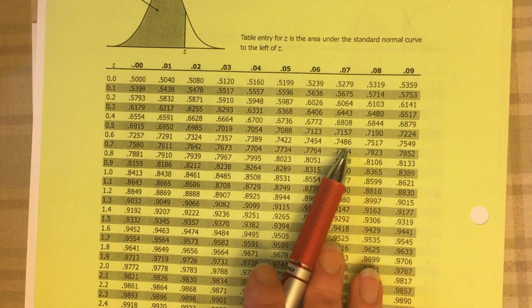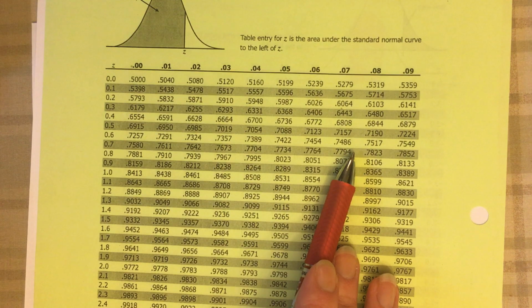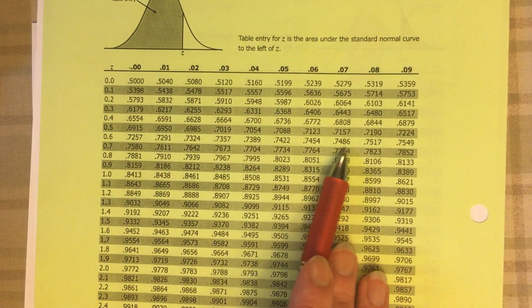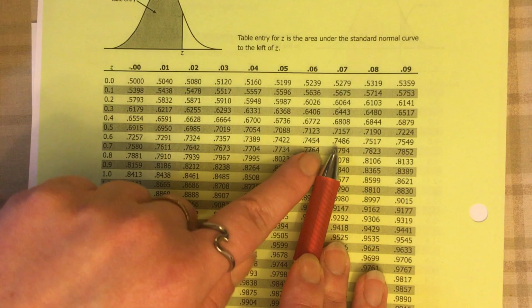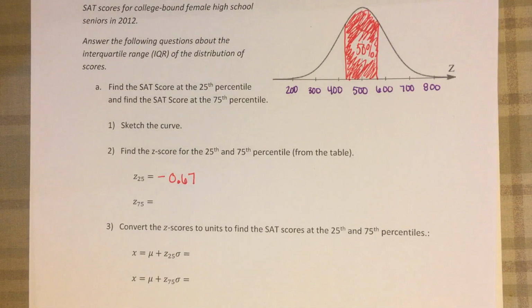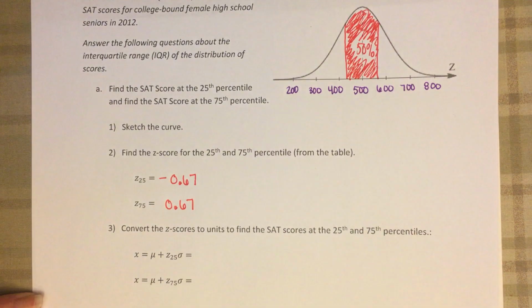If we go back here, 75% is going to be somewhere right between these two values, because 75% would be 0.7500. This number is slightly closer to 75%. This corresponds to a z-score of, moving to the right, 0.6 and up 0.7. So our z-score for this is going to be positive 0.67.